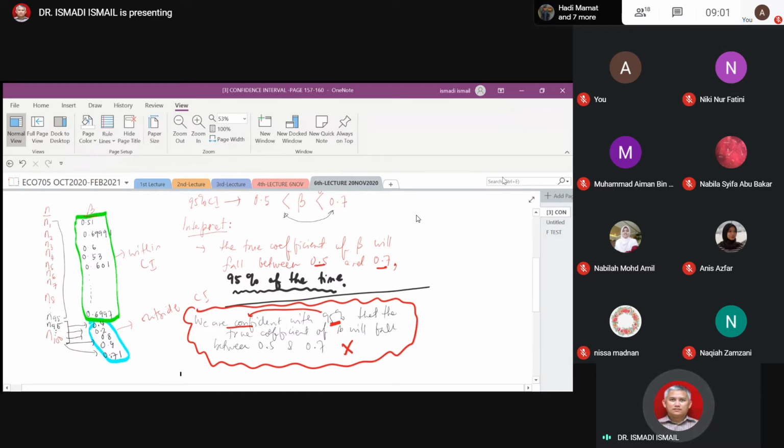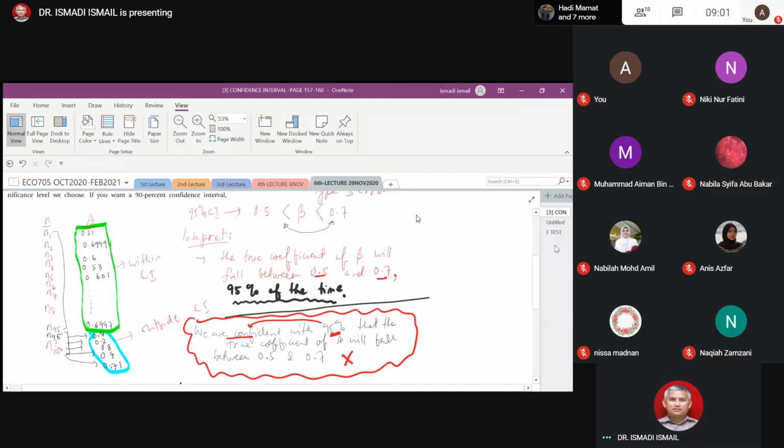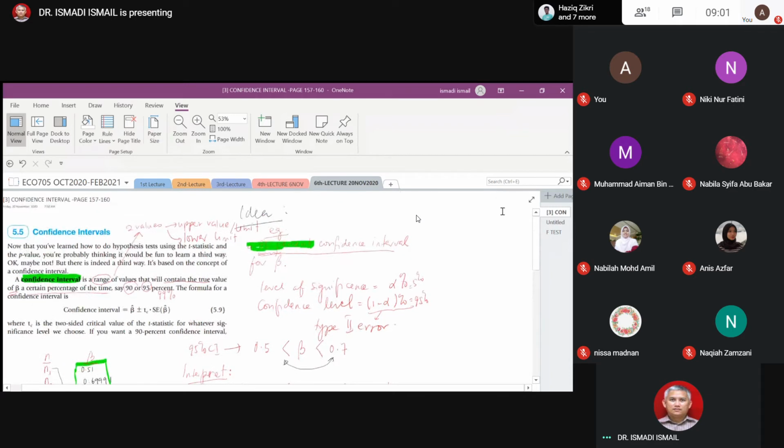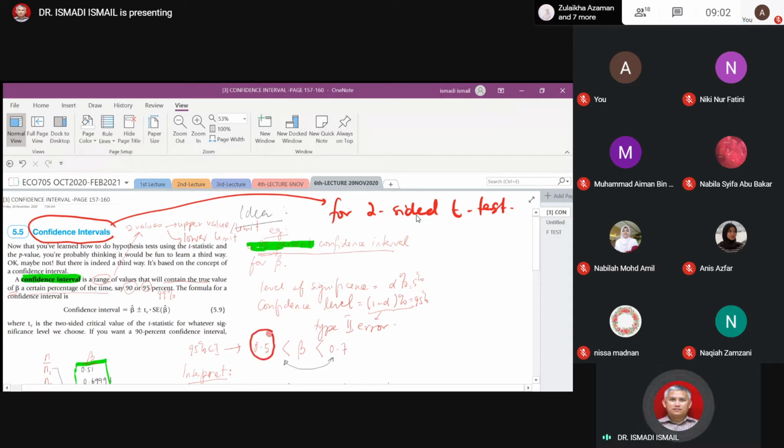And this confidence interval can be utilized for two-sided t-test, not one-sided, because we have the value on the left of the distribution and the value on the right of the distribution.